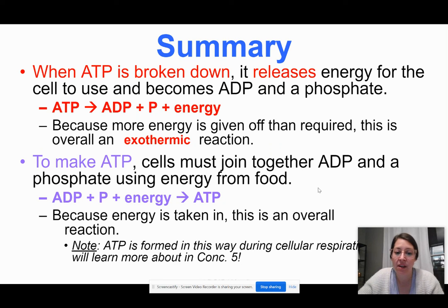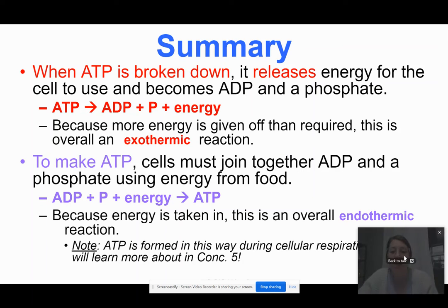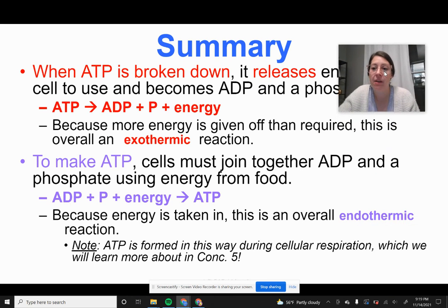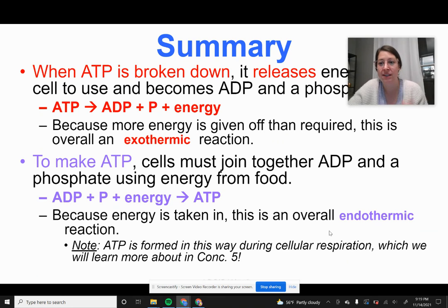And because this is a reaction where energy is taken in, this is an endothermic reaction. This process is also a part of cellular respiration, but we'll learn about that more in concept number 5.